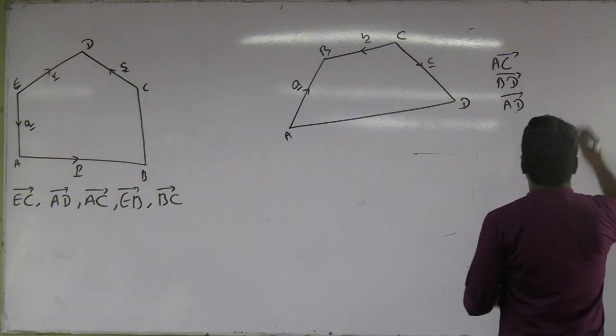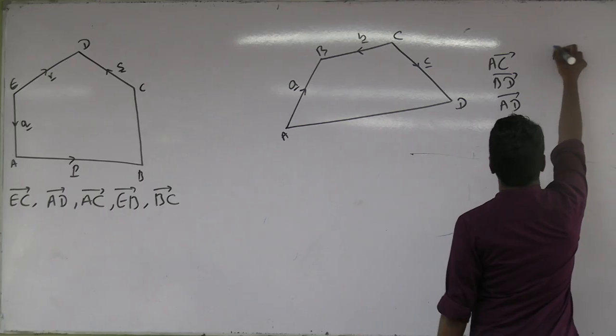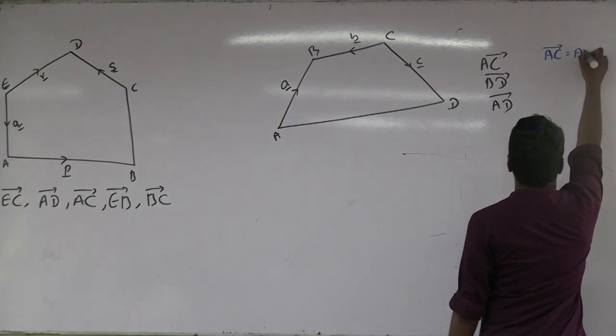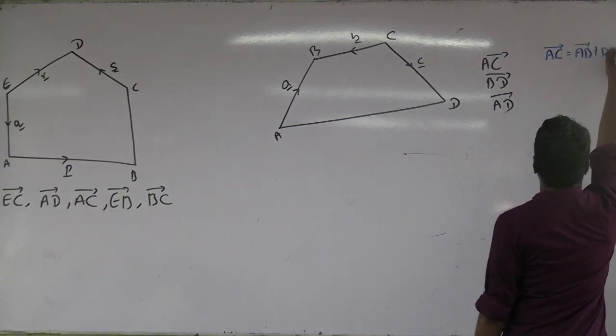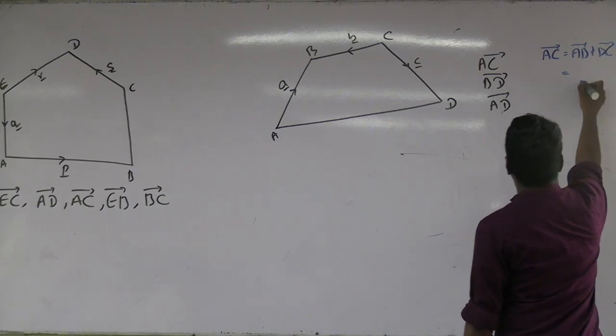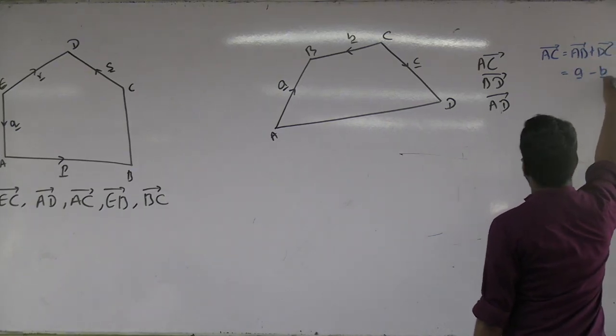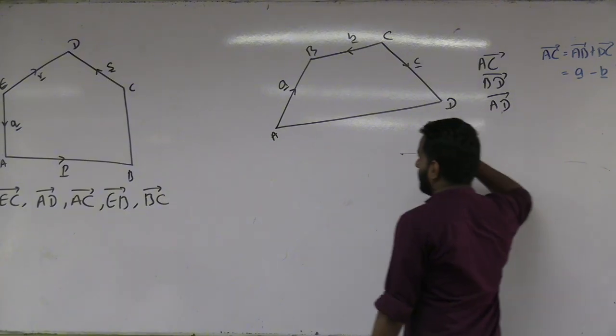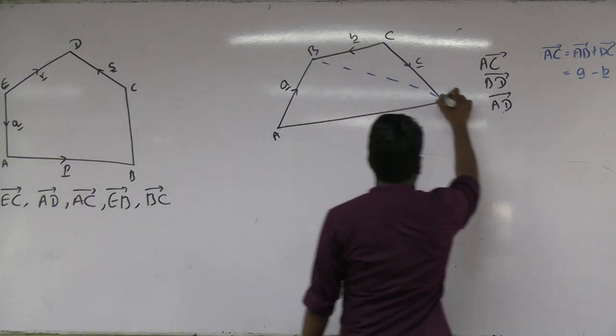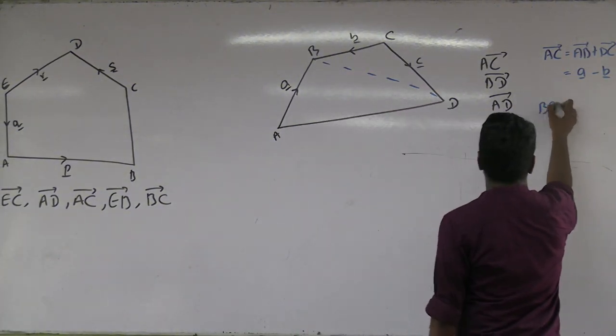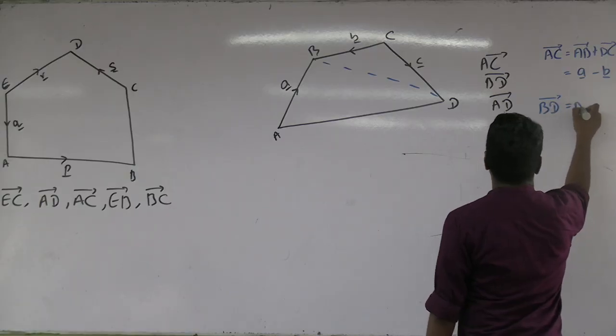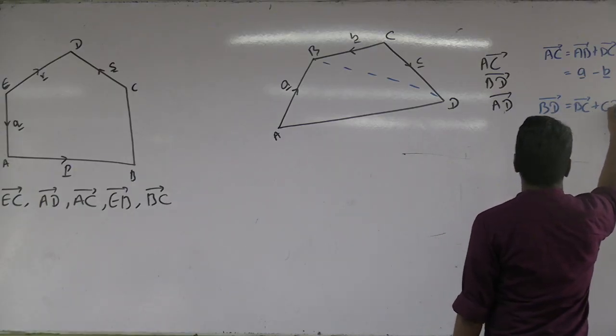So in this example we can write AC is equal to AB plus BC. So the vector AB is simple A and the vector BC is minus B. And the vector BD, so we can write BD equals BC plus CD.